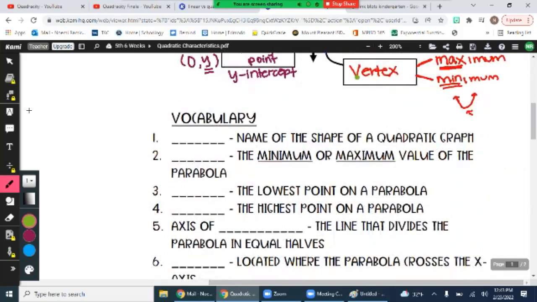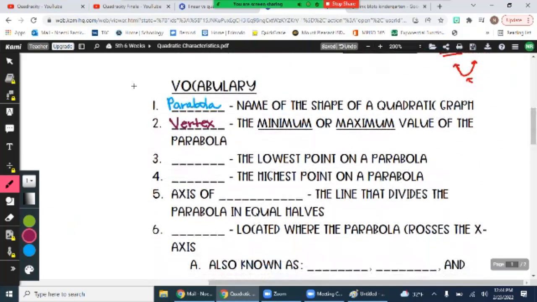What's the name of the shape again? Parabola. The point that could be either the minimum or the maximum is called the vertex. Remember, it's either the highest or the lowest. The lowest specifically is the minimum.